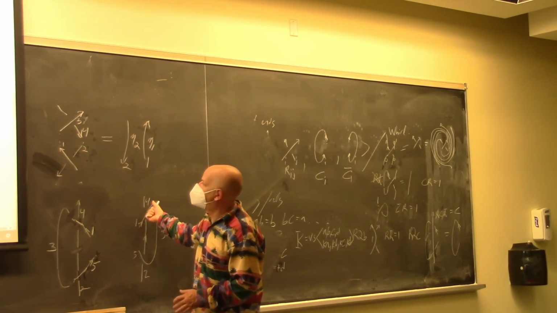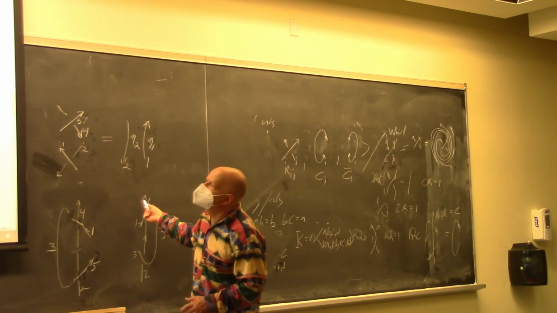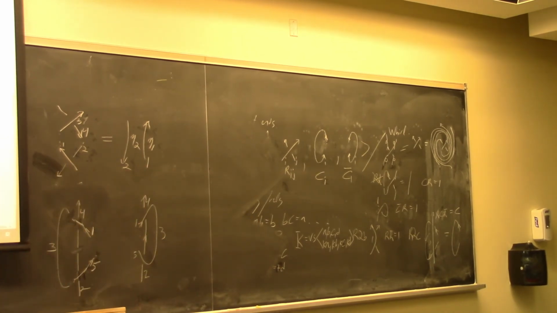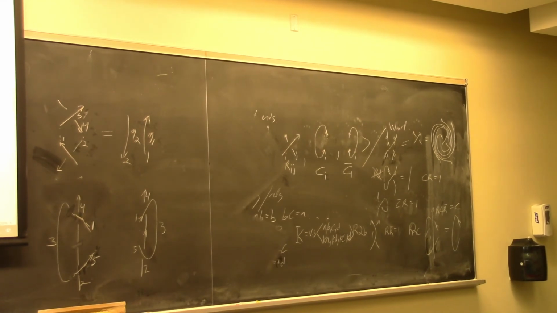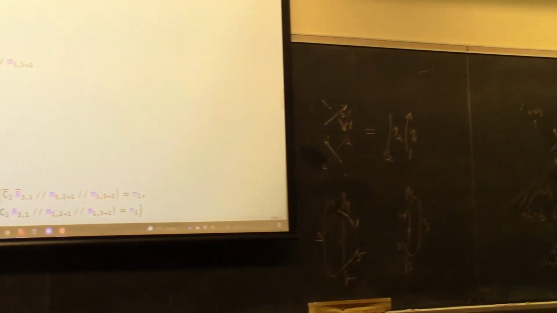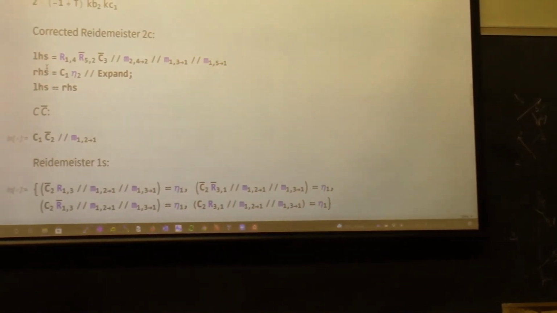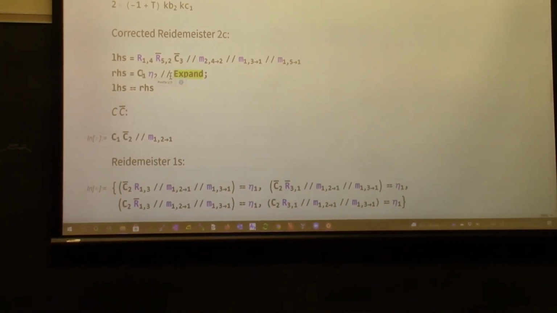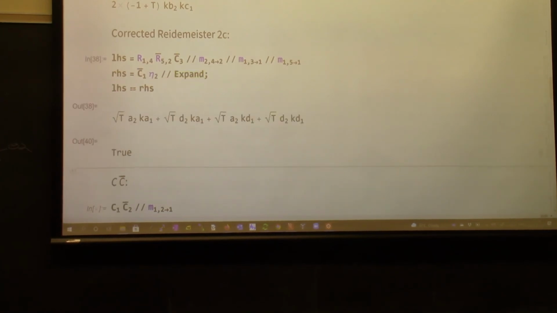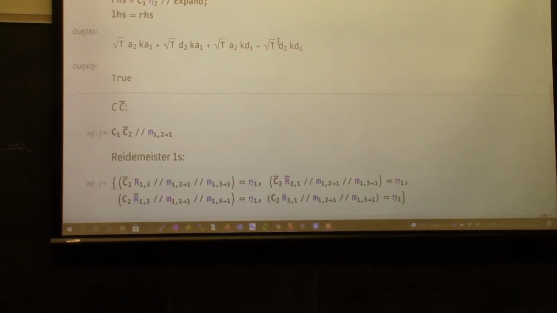So 1 over 4 with a positive crossing, but then it's a C bar. So what I wrote here was actually wrong. So let's add bar everywhere. So I'm adding a bar here, and I should be adding a bar on the other side of the equation. And let's test it, and it still came out true, so I was lucky.